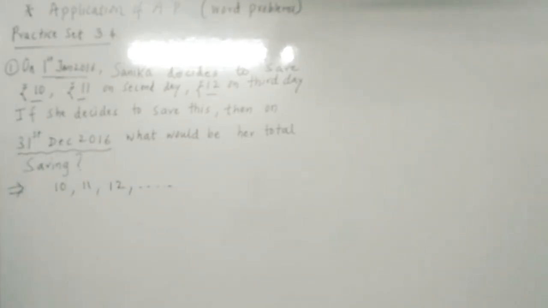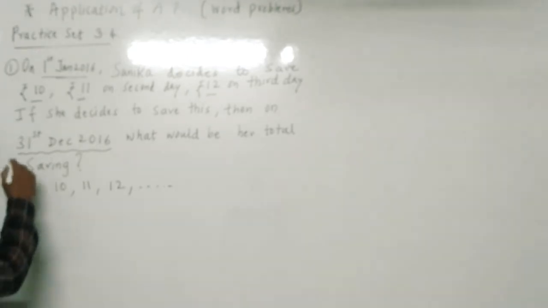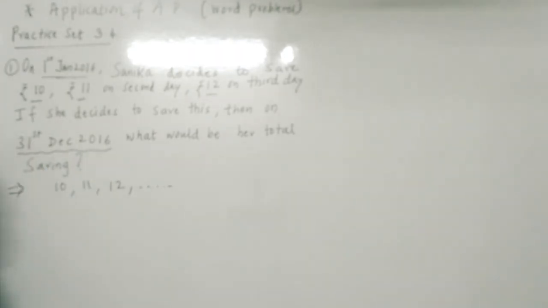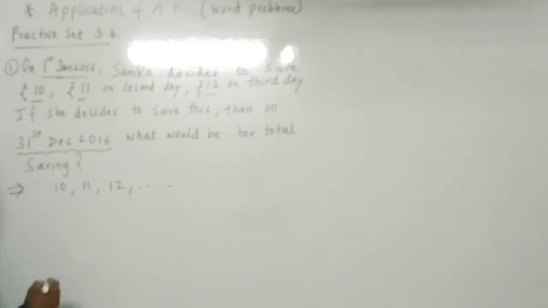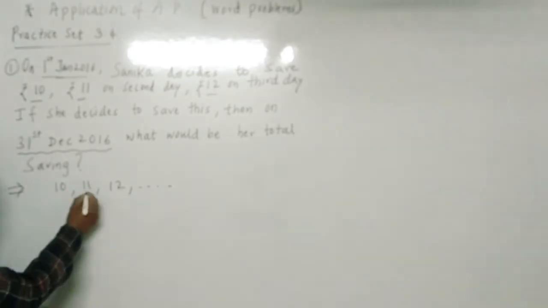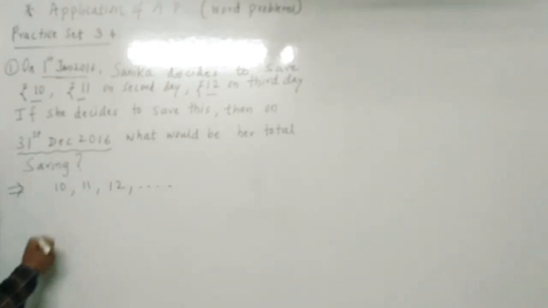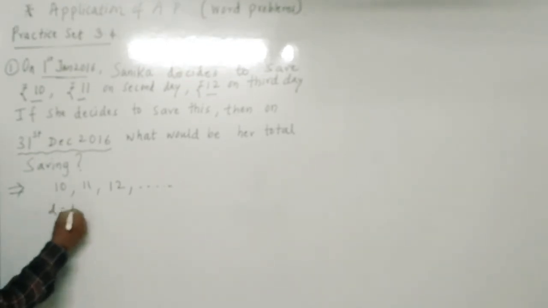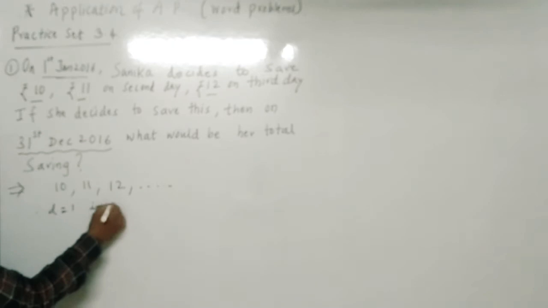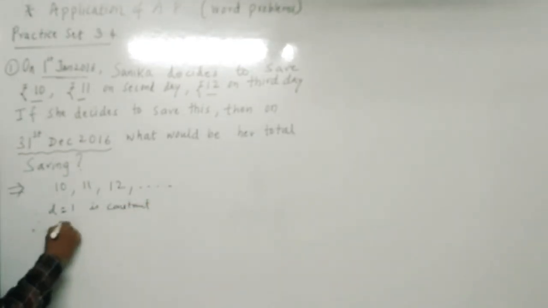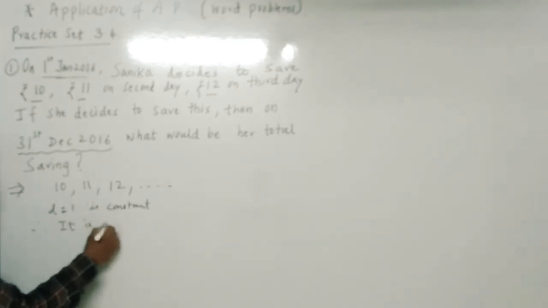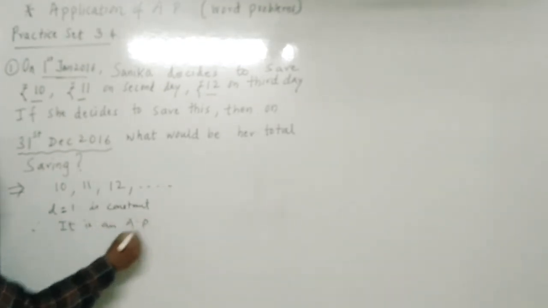She did the saving the whole year till 31st December 2016. So here we see the sequence is an AP. The difference between two consecutive terms is 1. Since d is equal to 1 is constant, therefore the sequence is an arithmetic progression.